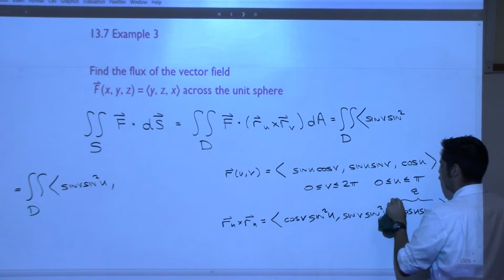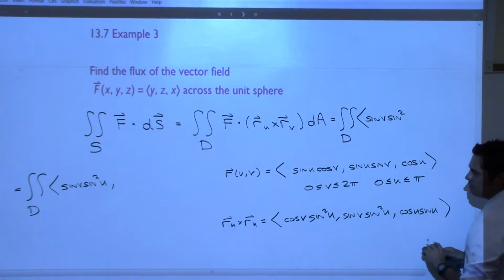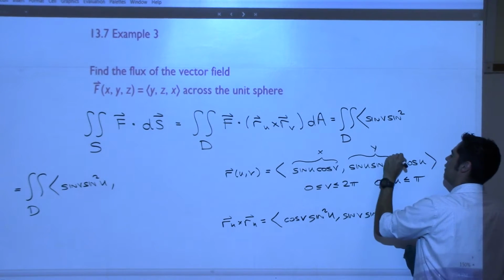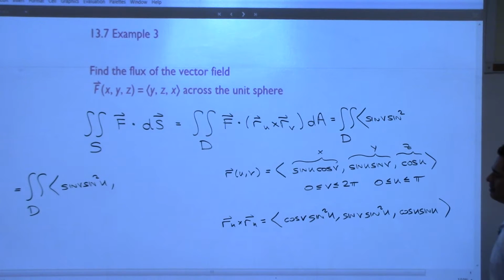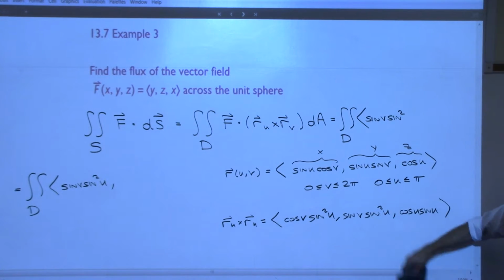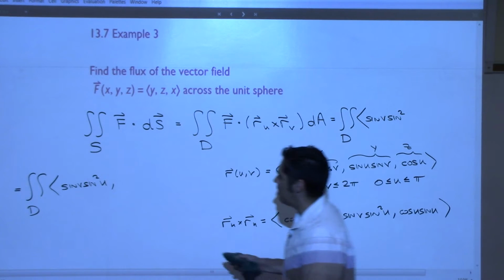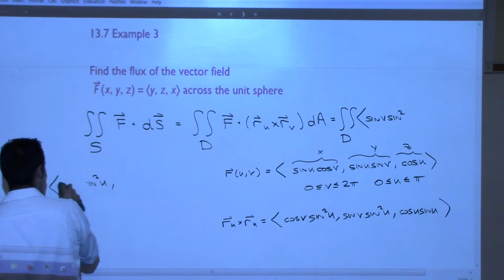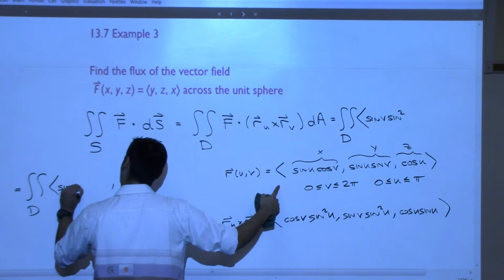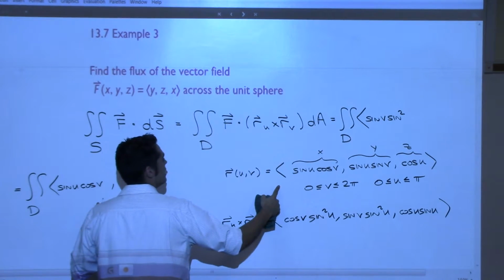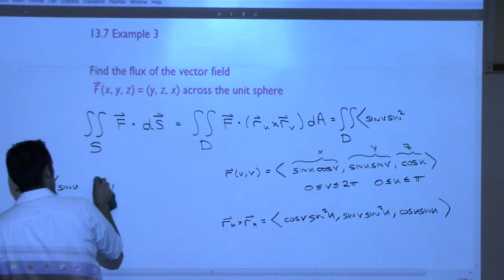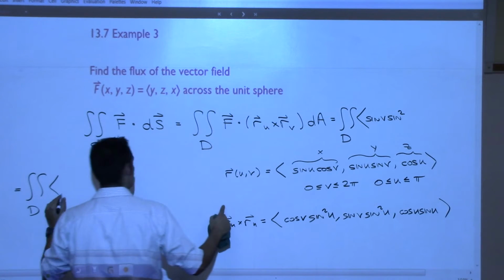That would have been a disaster. This is x, this is y, this is z. Sorry, the cross product was just for that second part. That would not have been fun after that. Sine U cosine V is x. It must be too close to the end of the semester.